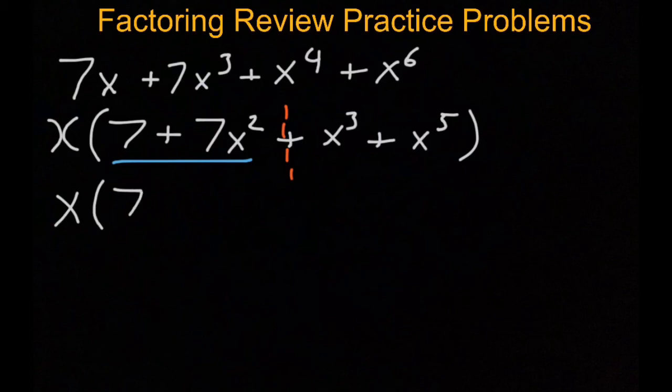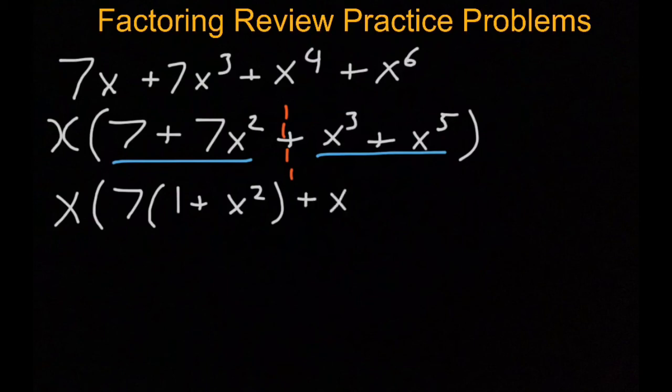We can factor out a 7 from that, and what we're left with in the brackets is 1 plus x squared. For the second part, what can we factor out of x cubed plus x to the power of 5? We can factor out an x cubed. So right here, we'll factor that out. And in the brackets, we're left with 1 plus x squared.